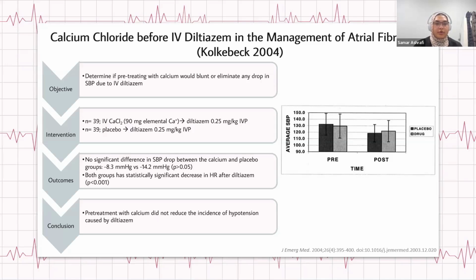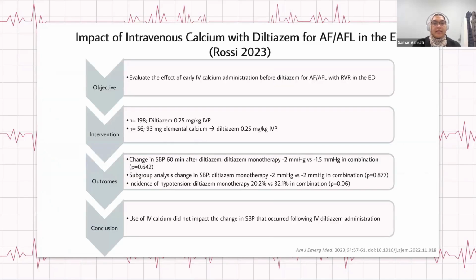And overall, both groups had a statistically significant decrease in heart rate, so their rate control was not affected at all by giving calcium or not giving it. So they concluded that pretreatment did not reduce the incidence of hypotension that was caused by diltiazem. And then the last study was done in 2023, a multi-center retrospective cohort study from January 2013 to February 2022.